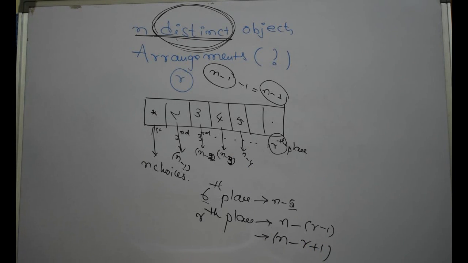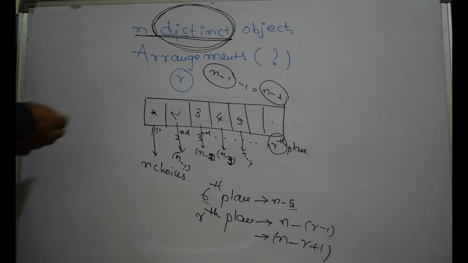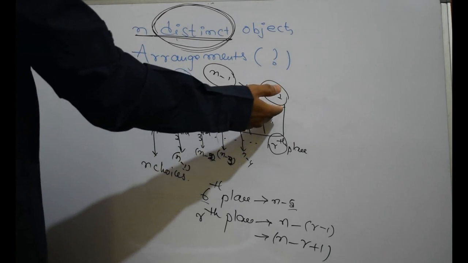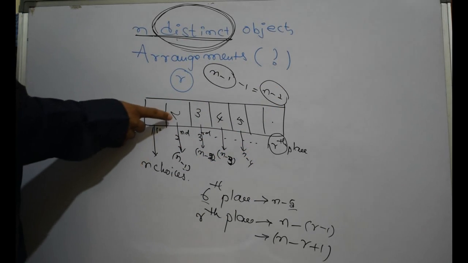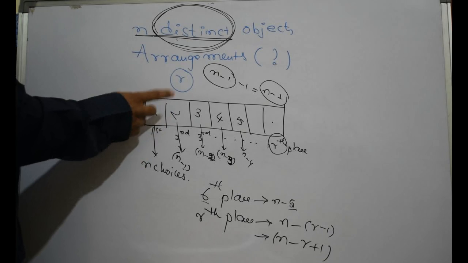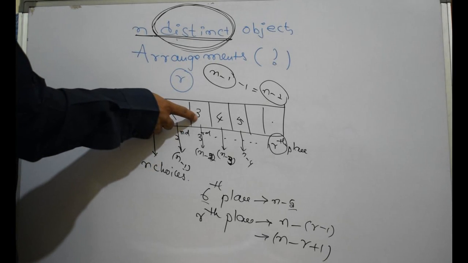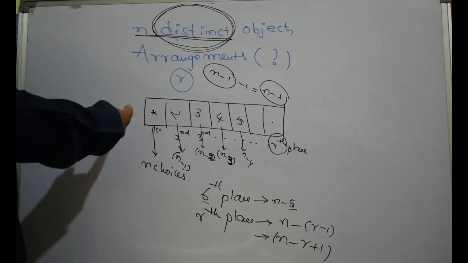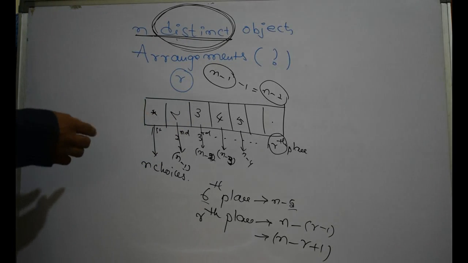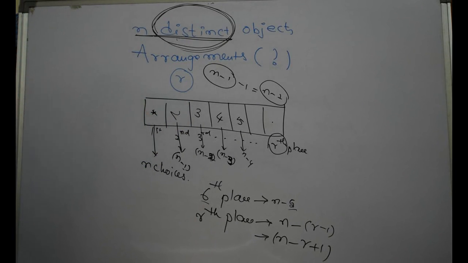So now see, what is our main job? The main job is filling all these places. First I did this one, second I arranged the second place, then third I arranged the object in the third place. So one by one, consecutively, I am doing sub-jobs. Whenever you do consecutively some jobs in some particular number of ways, what do we do?